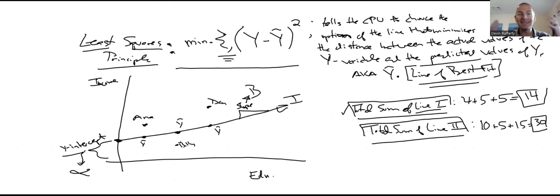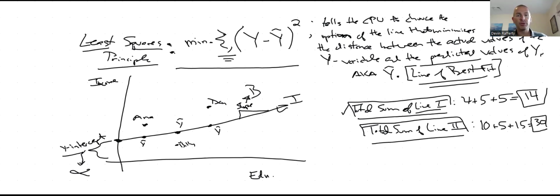So I collect data on individuals or on whatever it is I'm studying. I go into Microsoft Excel or Google Sheets, and I say, run a linear regression. All you have to do is go to data analysis, regression. When you click enter, the computer will begin performing the least squares principle for you.